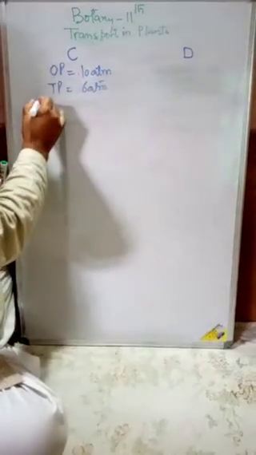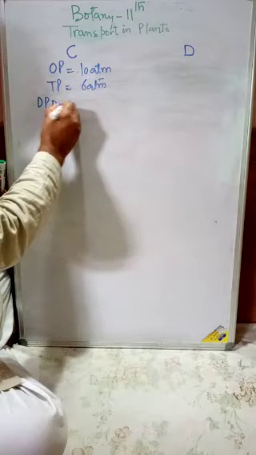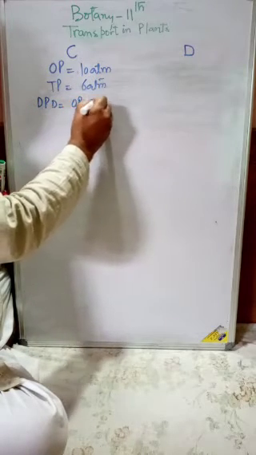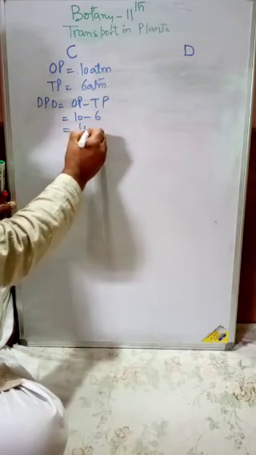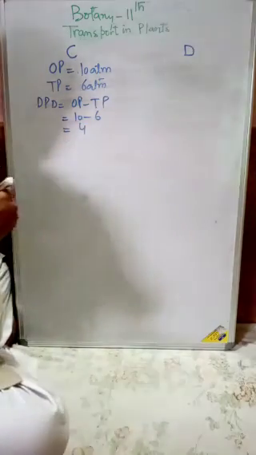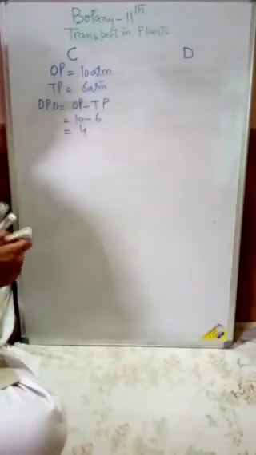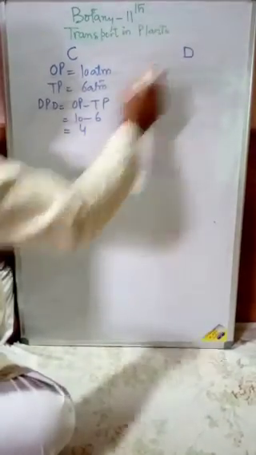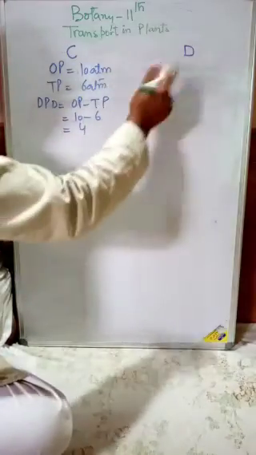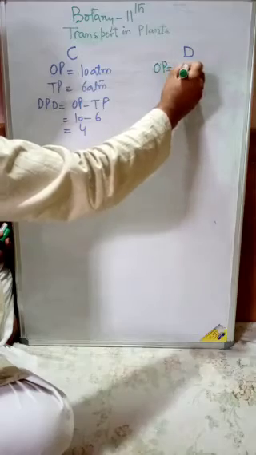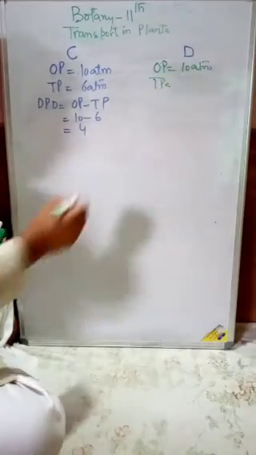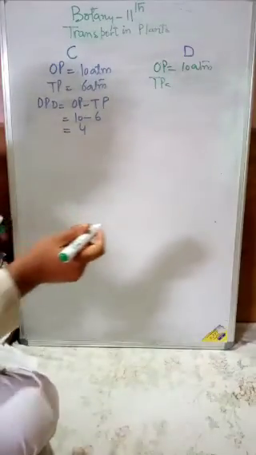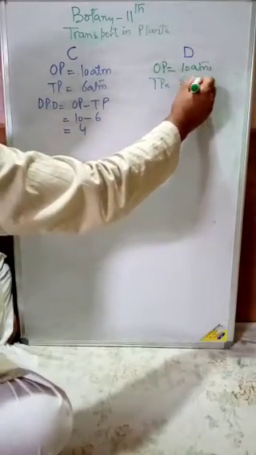Now what will be the DPD? DPD is equal to OP minus TP, that is equal to 10 minus 6, that is equal to 4. Now in another case, cell D: OP is equal to 10 atmospheres, and in the second case the turgor pressure is again 6 atmospheres.